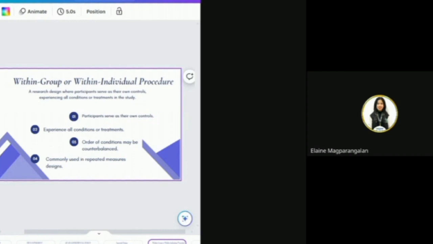So in other words, within group or within individual procedure refers to a research design where participants serve as their own controls. Again, the participants of this design serve as their own controls, experiencing all conditions or treatments in the study.